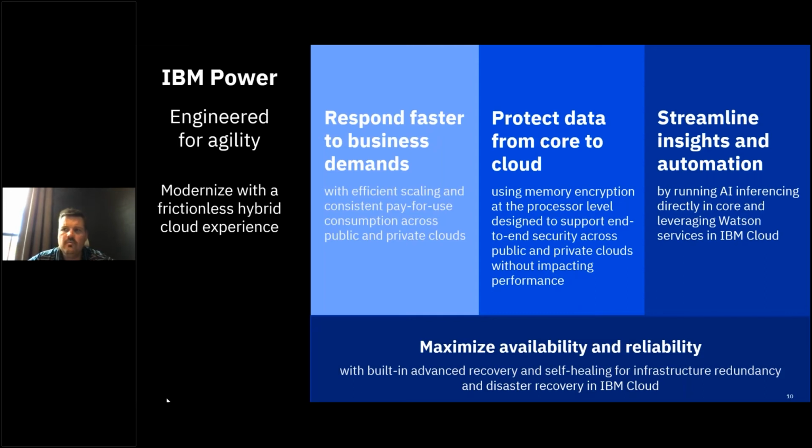Running AI, we've built AI into every core of Power10, and have really focused on the ecosystem, bringing ONNX compliant models to the platform, and driving infusion of AI capabilities into traditional enterprise applications.